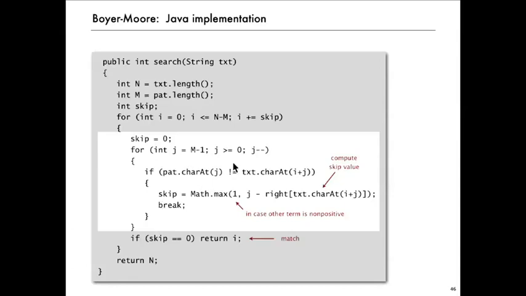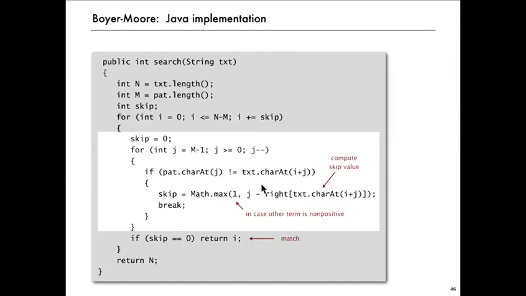If we do find a mismatch, then we're going to compute the value that we skip, which is where we are minus that table, that thing that we computed, and that's the amount that we're going to add to the text character to take care of the right to left mismatch.